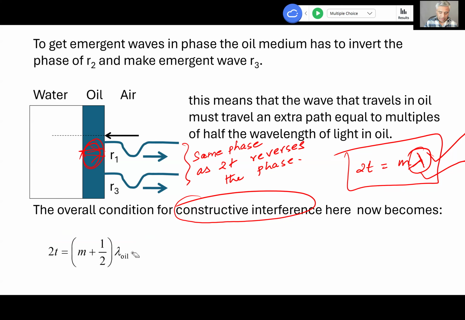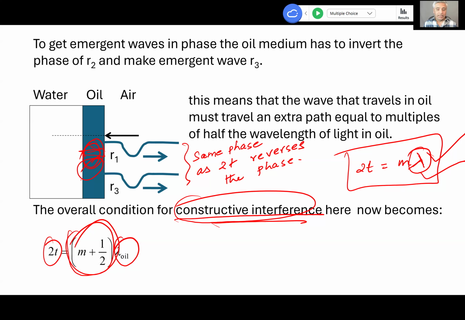Okay, so two things. One, how the wavelength changed here. We need to take account of that. Another thing, why, although we are saying constructive interference, we are writing the condition for destructive interference. Actually, what this thickness is doing is basically flipping the page, and that is the condition for destructive interference.